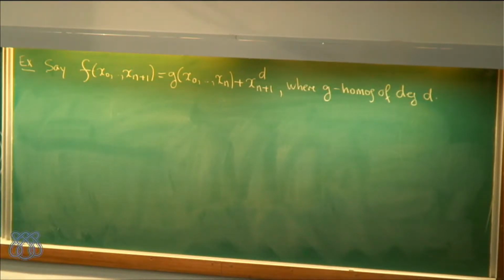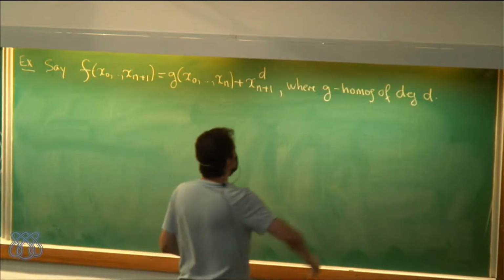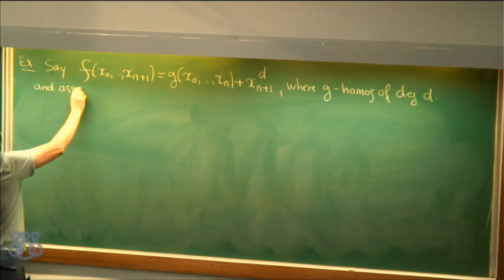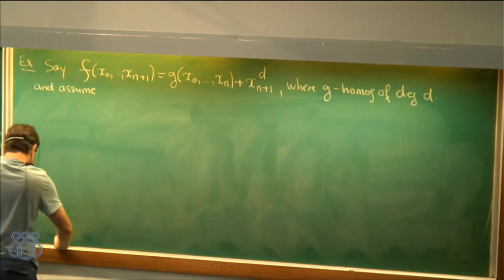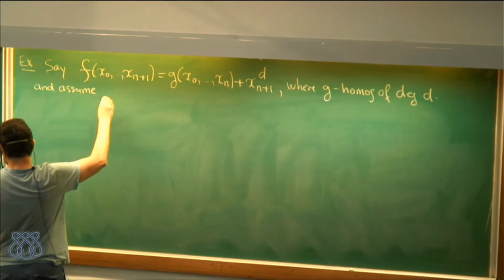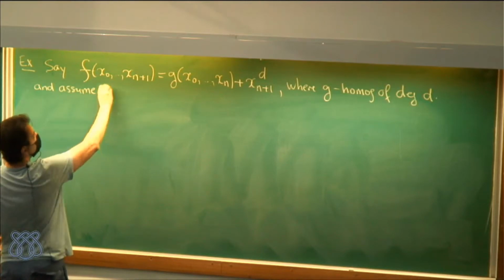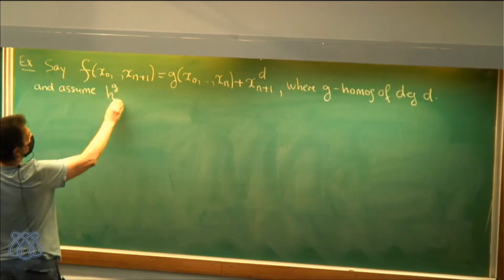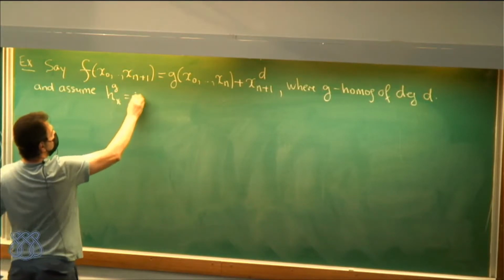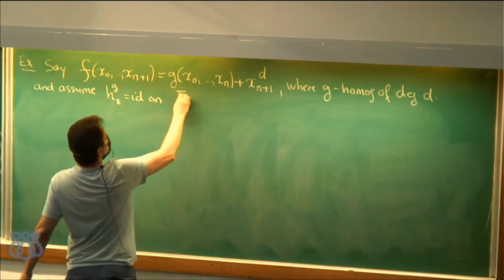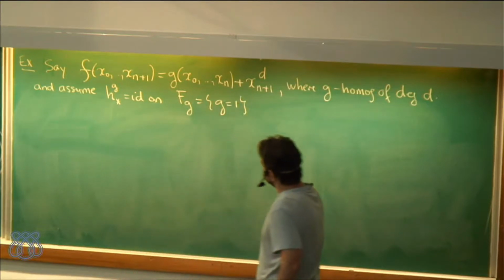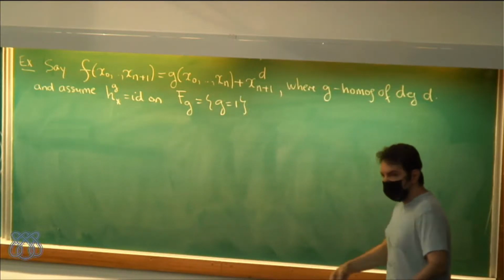And assume the Milnor fiber of g, and I don't know how to call this, h_g or something, is the monodromy. So g is a homogeneous polynomial of degree d in one less variable.